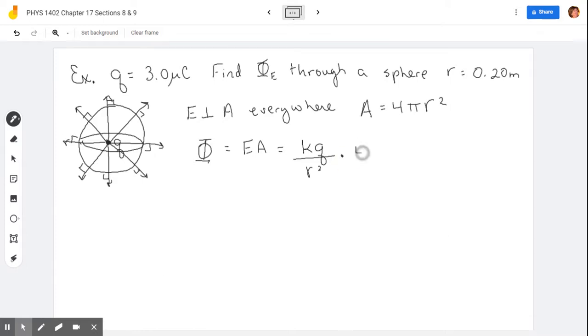The area, of course, is 4 pi r squared. So this simplifies that the electric flux is simply, notice the r's are going to cancel, 4 pi k q.